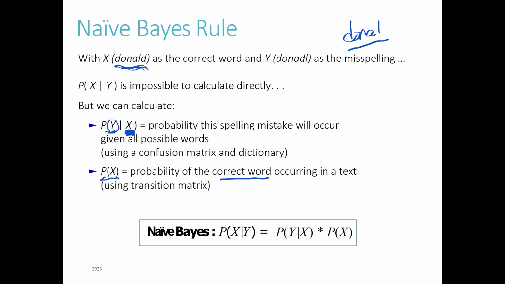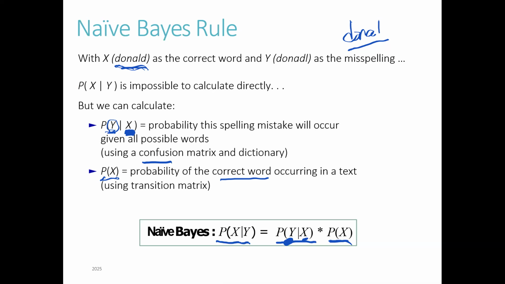And that will give us a probability of Donald occurring, probability of Donal occurring. So we can take then the probability that the D was inserted before the L. So assuming Donald is correct, what's the probability of that misspelling mistake, that confusion happening, times the probability of Donald occurring at all. And we do the same thing with Donal, then we compare and we get a probability, and then we're going to rank the one with the highest number higher than the other.